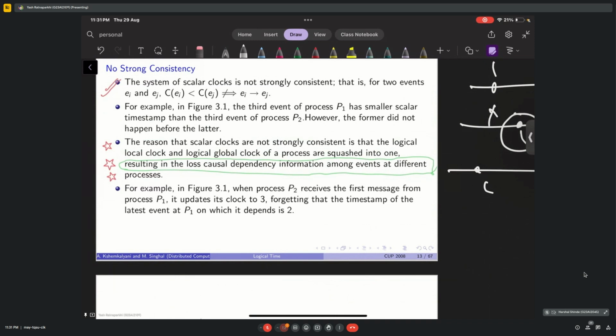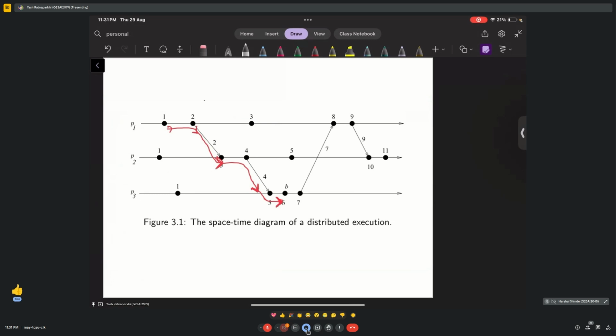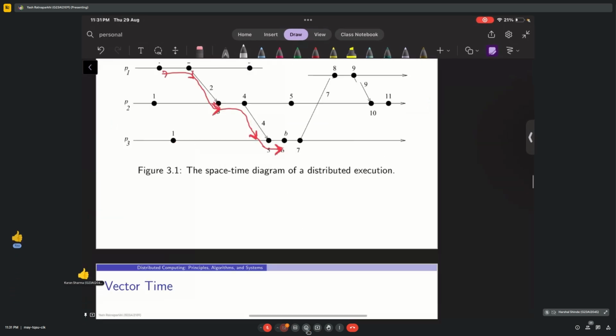Due to this, a loss of causal information among the events happens, and this is why we are not able to justify which event occurred before and which occurred later. You guys understood this thing? Chalo, perfect.